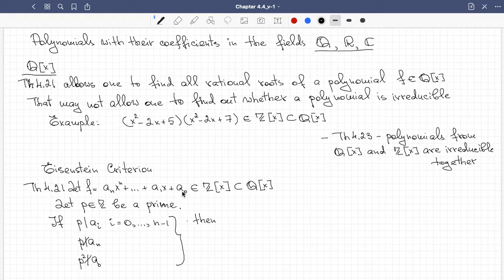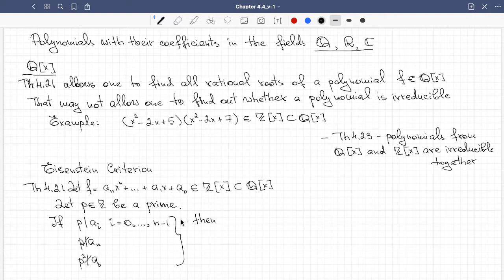we typically wrote it from a_0 till a_n. I wrote it in the inverse order. That is the same polynomial, of course. Typically, they keep it this way in the examples.